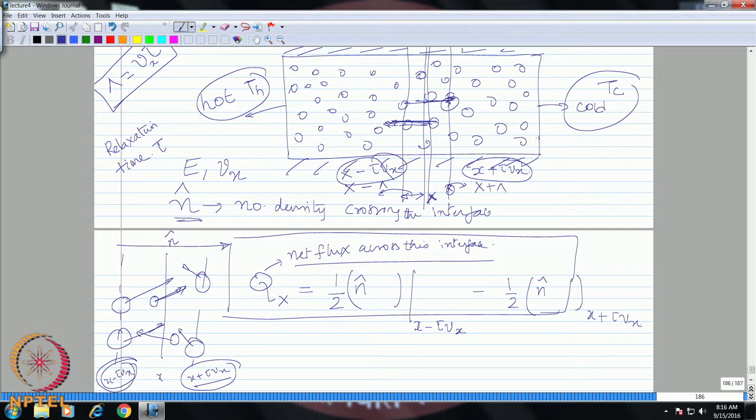Suppose E is the energy of the molecule, could be the translational kinetic energy if you just consider monoatomic gas, okay, and Vx is the velocity with which these molecules are moving in the translational direction. Okay. So, therefore, if you multiply this E times Vx, okay, now you will get the units of energy flux.